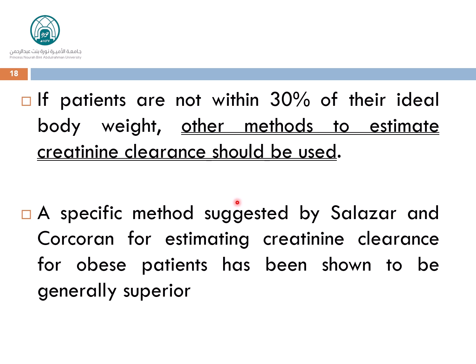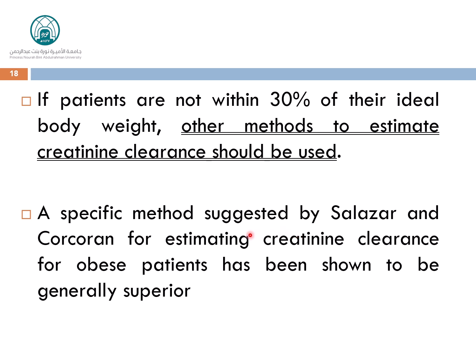So, if the patients are not within 30% of their ideal body weight, other methods should be used to estimate the creatinine clearance. So up to now we have discussed 4 different approaches to determine the creatinine clearance for patients with kidney problems. Specific methods suggested by Salazar and Corcoran, these are other scientists, are the 5th approach to determine the creatinine clearance for patients with kidney dysfunction.